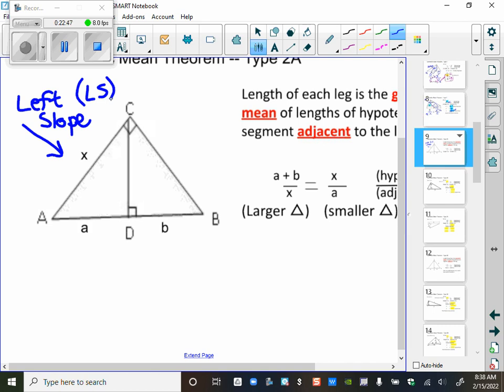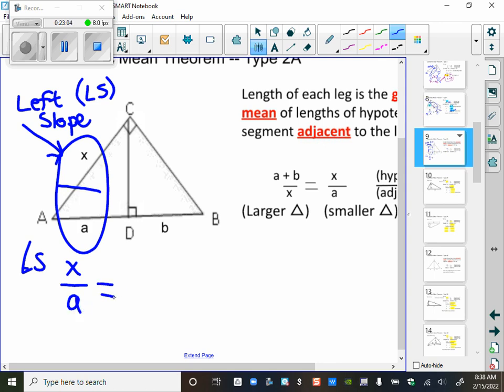That's fine. Left slant, left slope, you're going to get the same thing. Here's how you're going to do it. You still have this part right here. You still have your first ratio. Do left slant, left slope, which is the X, over A. You still see the first ratio right off the bat. That's step number 1. Now, similar to before, the left slant also goes where? Where are we going to put this left slant in the other dot?